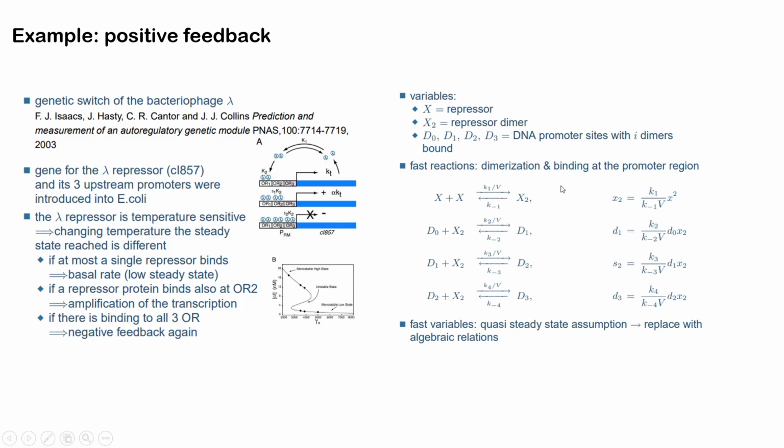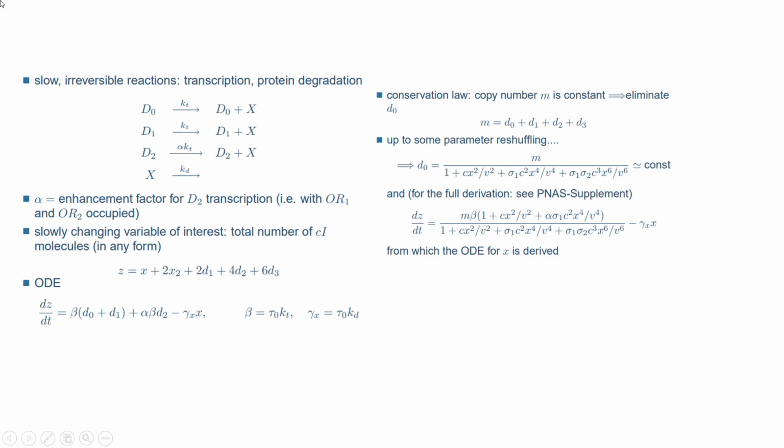So these are those. The dimerization is considered, and also the binding of these DNA sites with the dimers. These have also been considered. And now you see the slow irreversible reactions, which are the transcription and the protein degradation. The transcription and protein degradation will be irreversible and slow reactions.